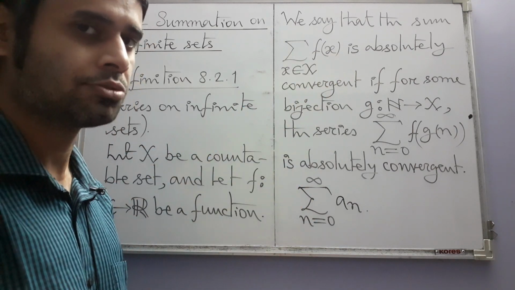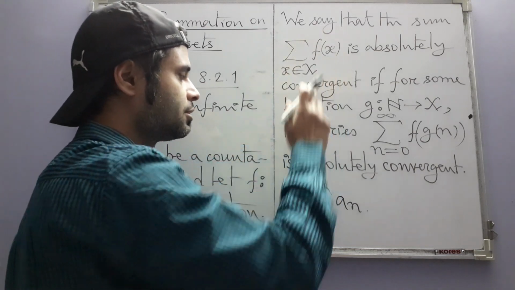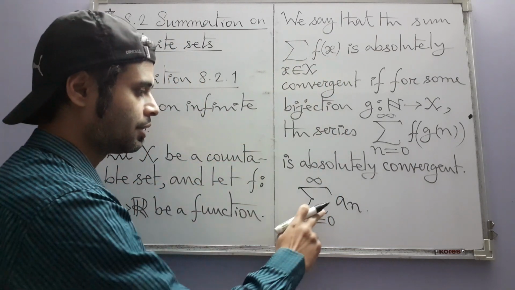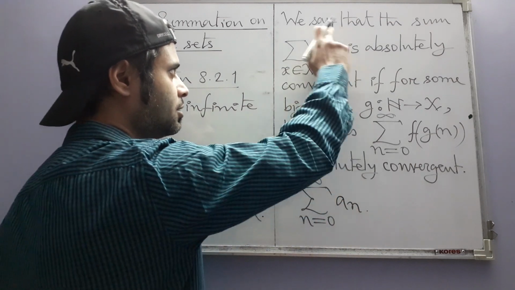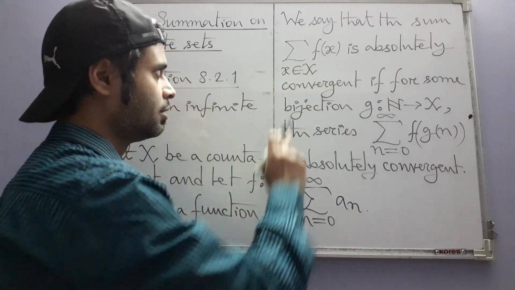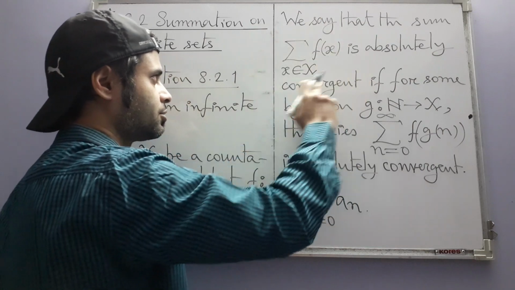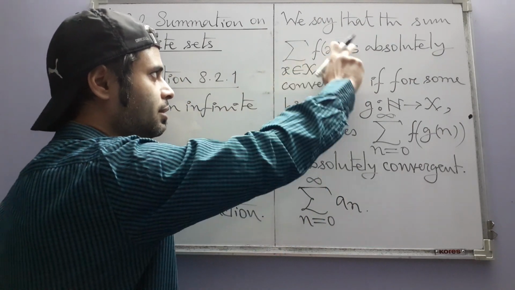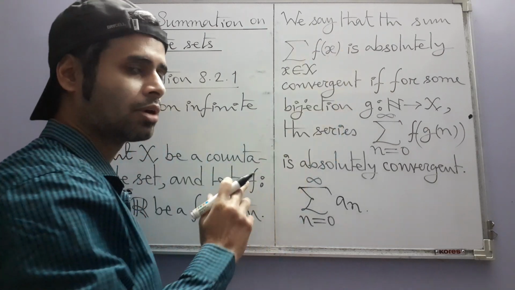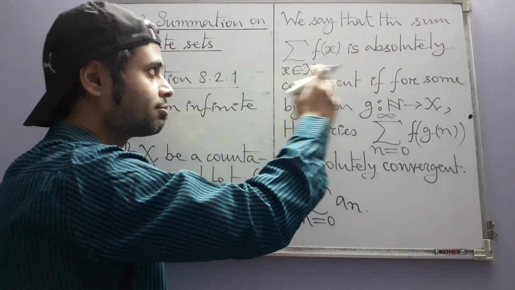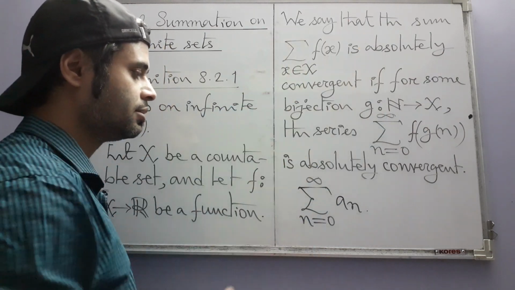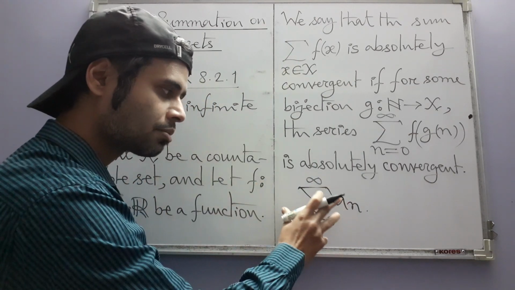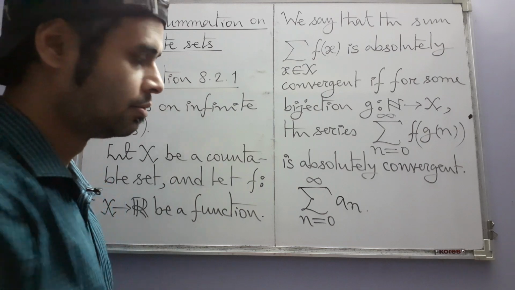The way it looks, you can see it's not a sequence of real numbers. There is no pattern in which these real numbers are appearing that can be understood from this symbol. In fact, this symbol tells us nothing about any pattern whatsoever in which these f of x values appear. Here, however, in any infinite series, such a clear pattern is there.